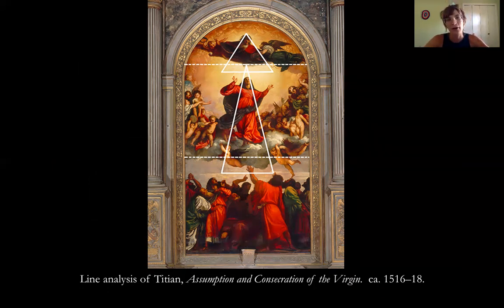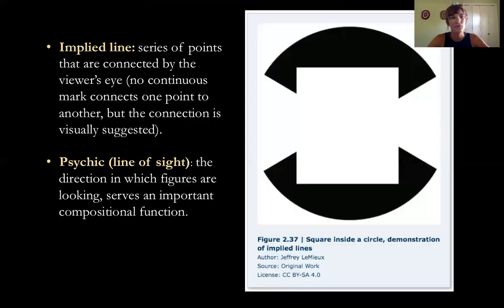We'll talk more about how artists use shapes in their work, implied shapes, where you can't actually see the lines of these shapes, but implied lines force us to look up and then up again. You see this often not only through gesture, but also through line of sight or that psychic line.